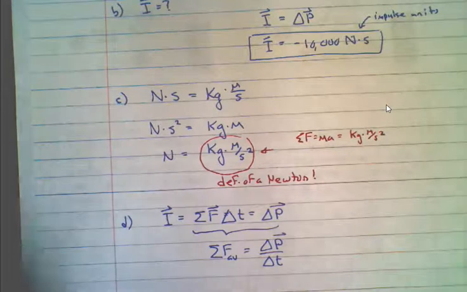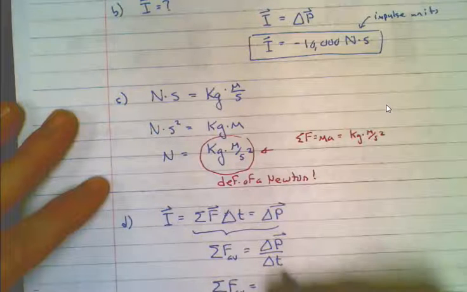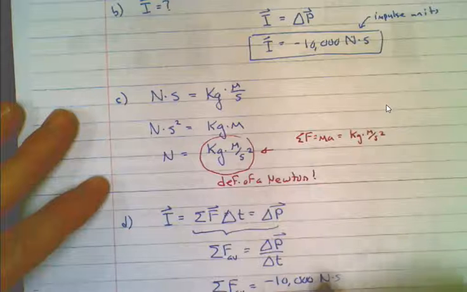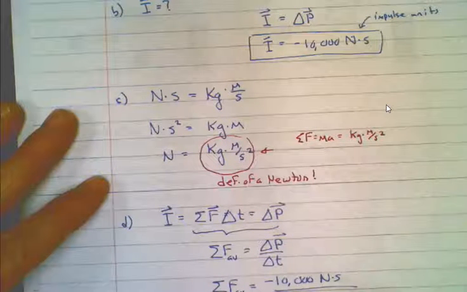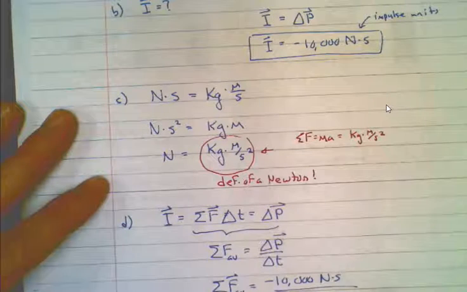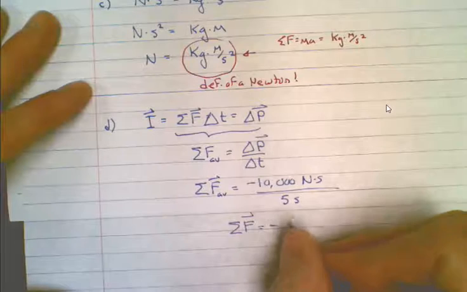At this point, the average net force acting on this car would therefore be negative 10,000 Newton seconds divided by 5 seconds. So the average net force is negative 2,000 newtons.